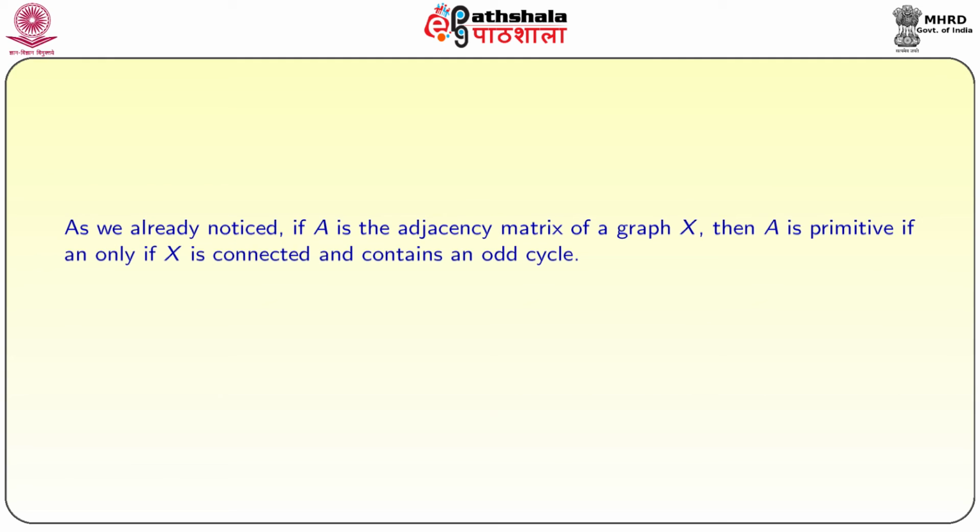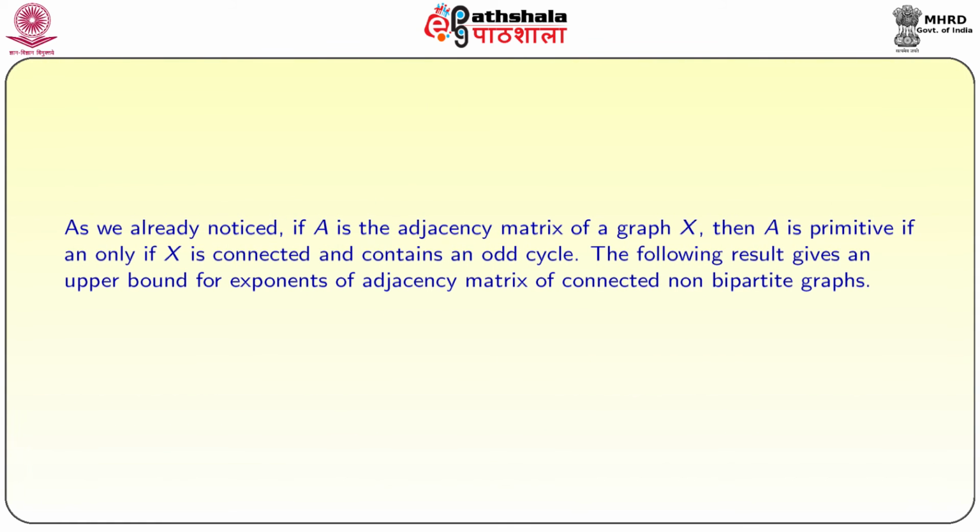As we already noticed, if A is the adjacency matrix of a graph X, then A is primitive if and only if X is connected and contains an odd cycle. The following result gives an upper bound for the exponent of the adjacency matrix of connected non-bipartite graphs.